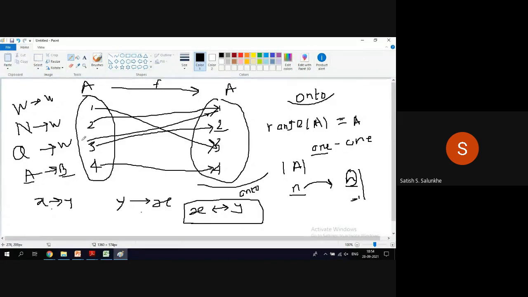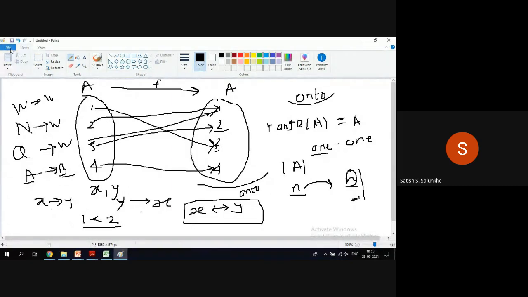You take any two elements from this domain, that is x and y, in general. Doesn't matter what the elements are. Let us say I have taken 1 and 2. So in this domain, 1 is less than 2. In this, 1 is x and 2 is y, both x and y belonging to the domain.